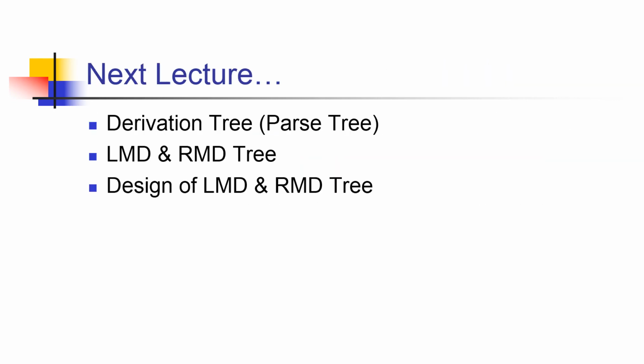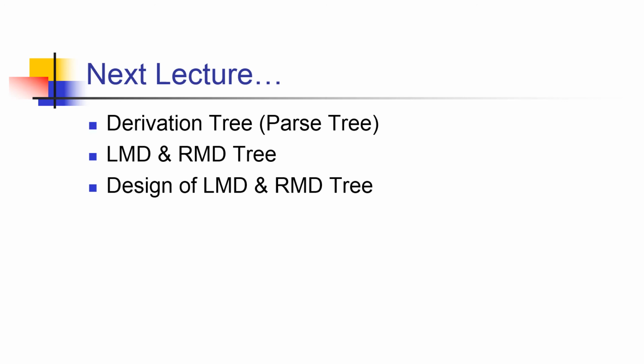So that's what we have done in this lecture. In the next lecture, as I have told earlier, we will focus on the derivation tree, which is also known as the parse tree. Then we will see how to design the leftmost derivation tree and rightmost derivation tree.